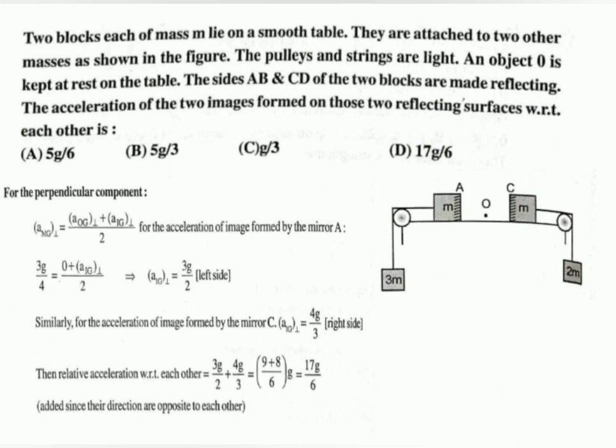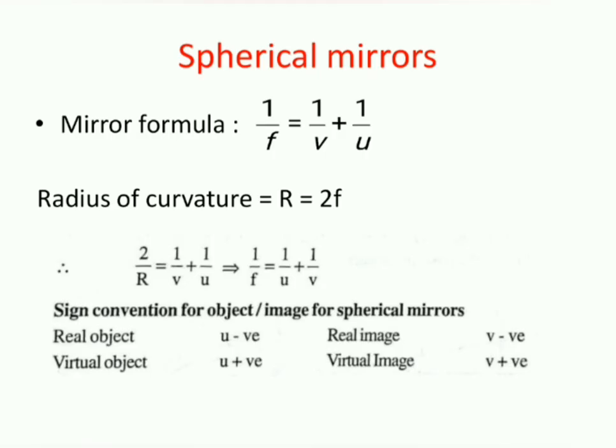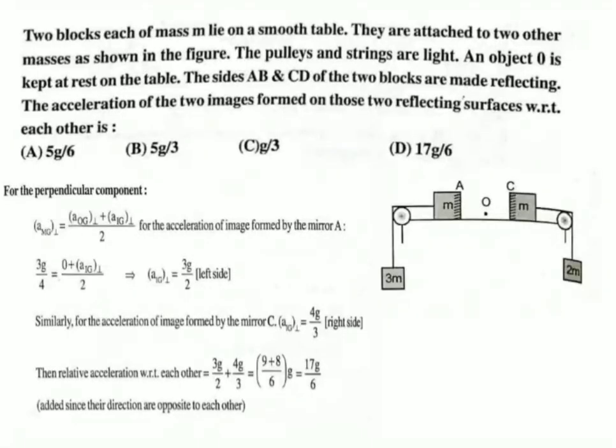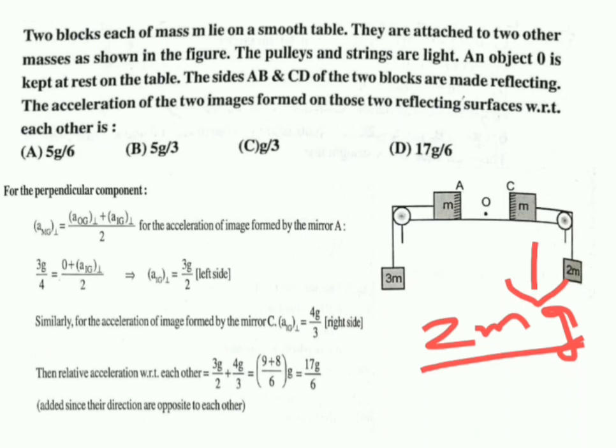Similarly, you can get the acceleration of the right side block. How to get the acceleration? The unbalanced force is 2 mg divided by sum of the masses. Sum of the masses is 3m.